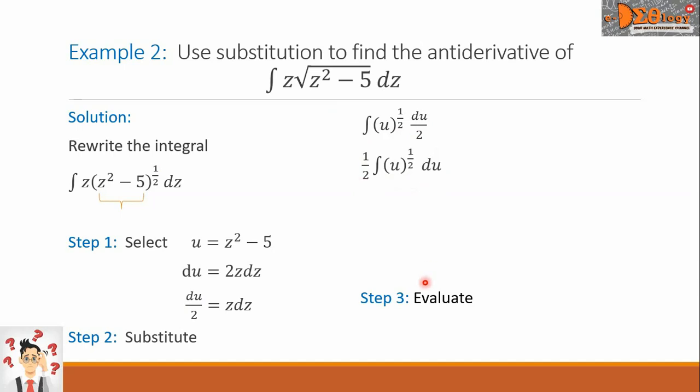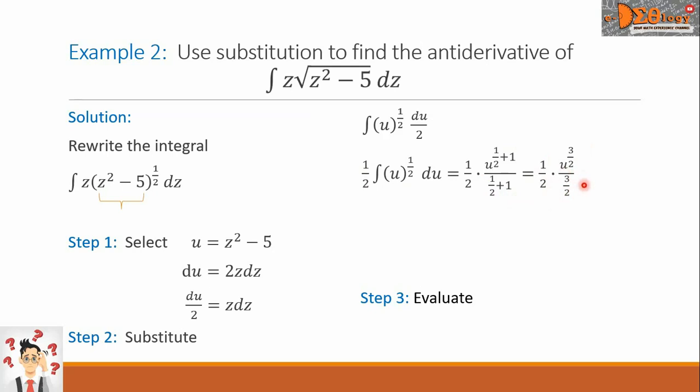And we can do step 3 to evaluate the integral. Let us use the power rule in here. So we have the constant 1/2 times u raised to 1/2 plus 1 all over 1/2 plus 1. The 1/2 plus 1 is equal to 3 over 2. So we will write now 1/2 times u raised to 3 over 2 all over 3 over 2.